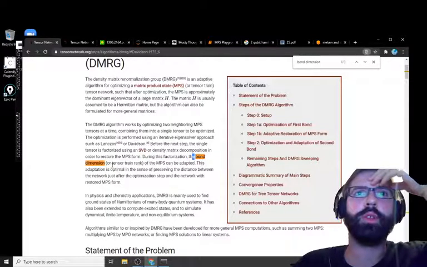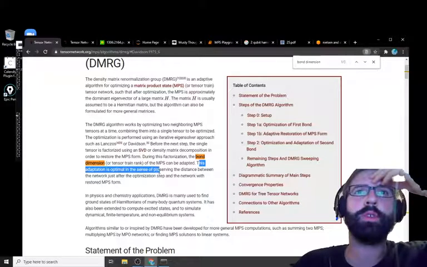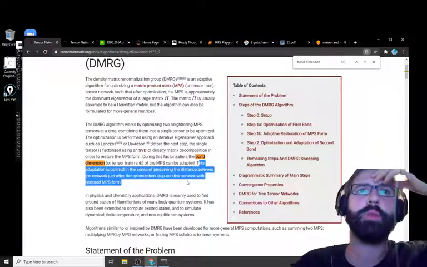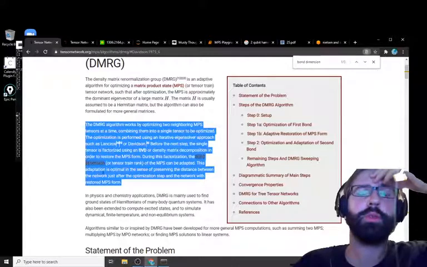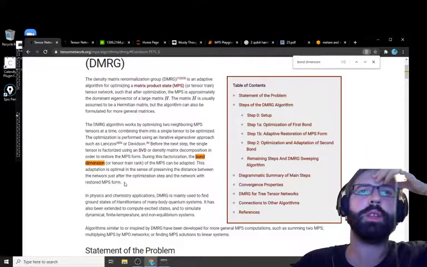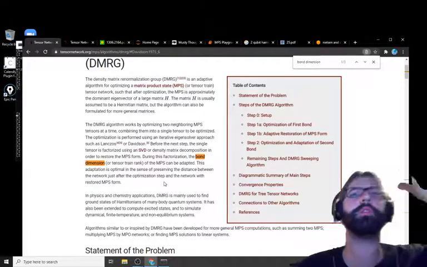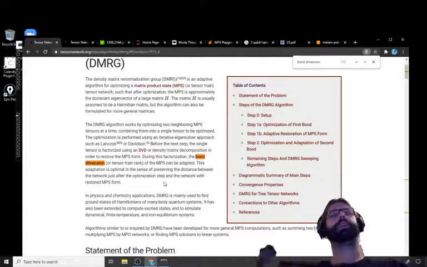The bond dimension or tensor train rank of the MPS can be adapted. This adaptation is optimal in the sense of preserving the distance between the network just after the optimization step and the network with the restored MPS form. So this is also something else you can parameterize. This means you're basically defining the entanglement of your ansatz this way.